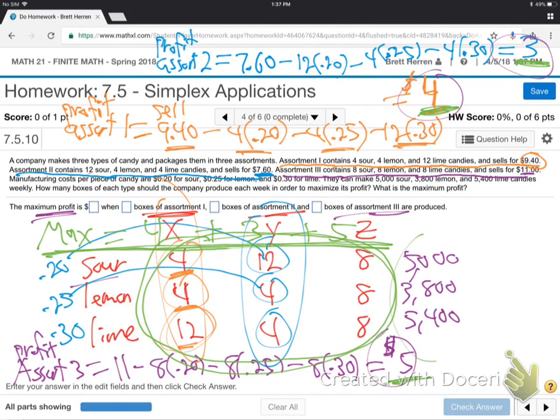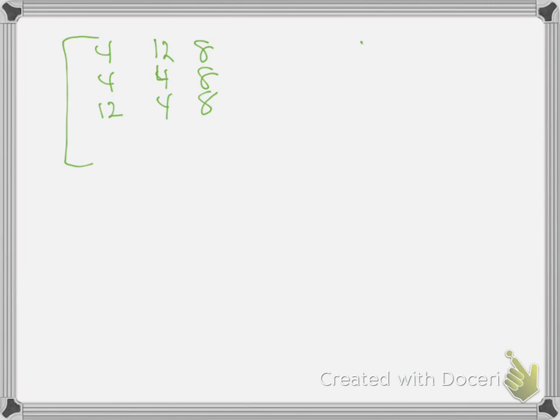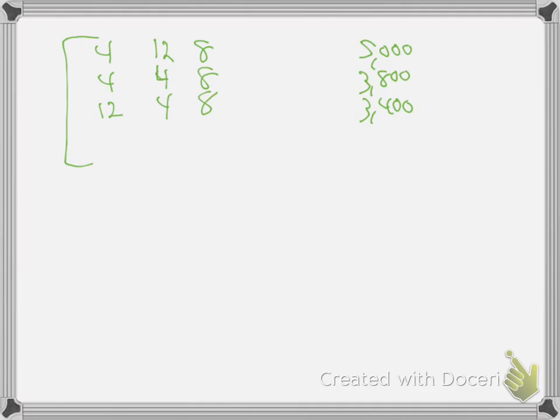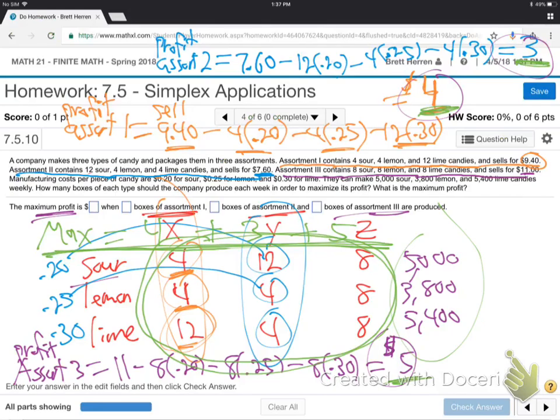The 5,000, 3,800, 5,400 goes way over in the right. Got to leave a little room in there. Remember how we turn it from all these equations into a matrix?